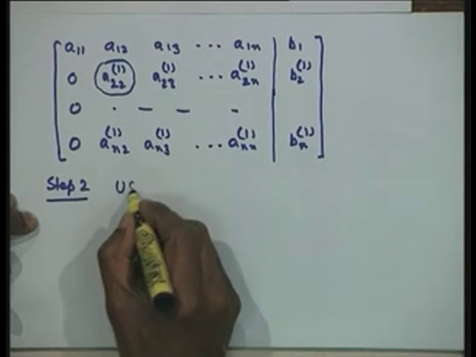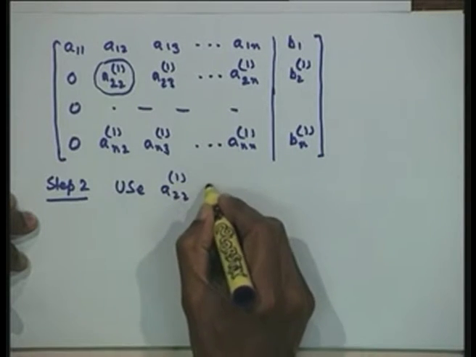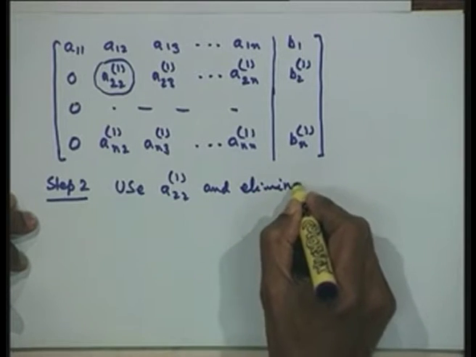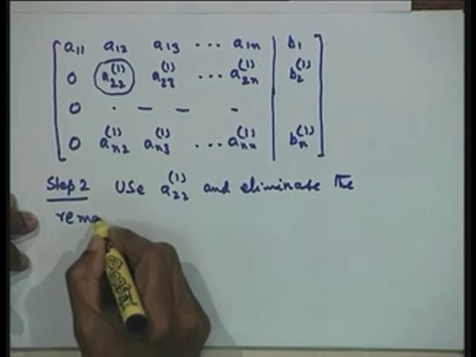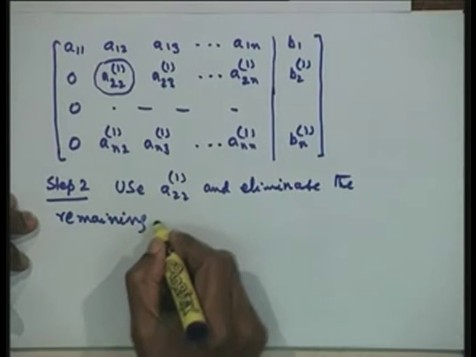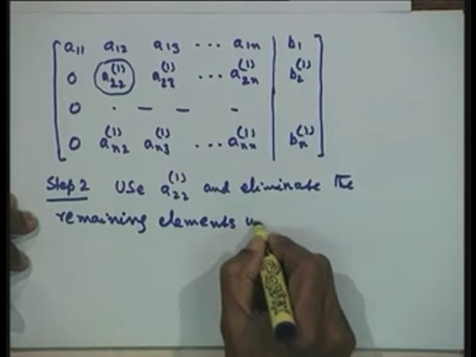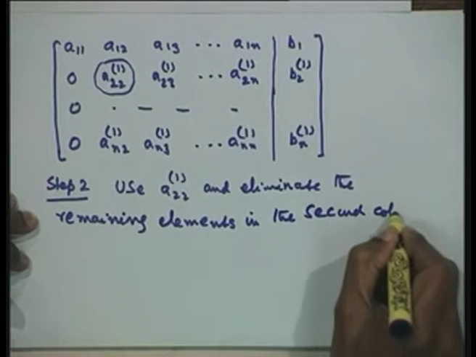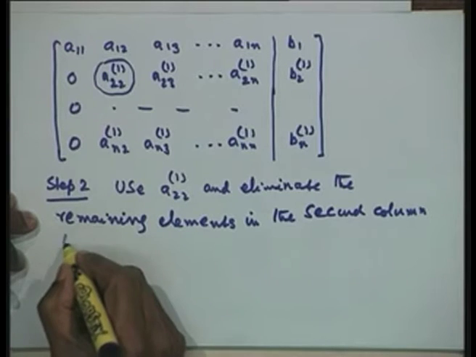Therefore step 2 will be: use a22 and eliminate the remaining elements in the second column to 0.